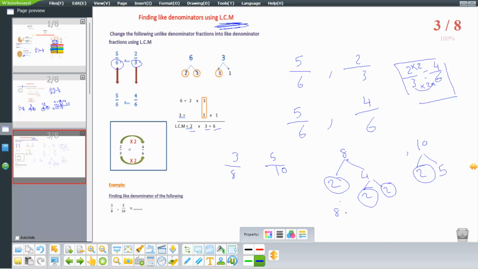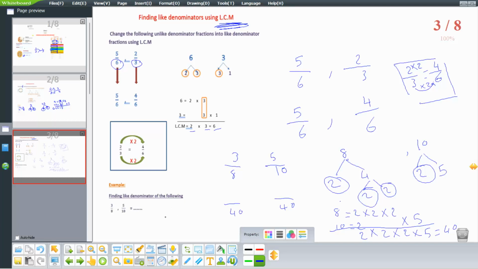8 equals 2 times 2 times 2, and 10 equals 2 times 5. So the LCM will be 2 times 2 times 2 times 5. It will be what? Yes, 40. So the new denominator is 40, and here 40.